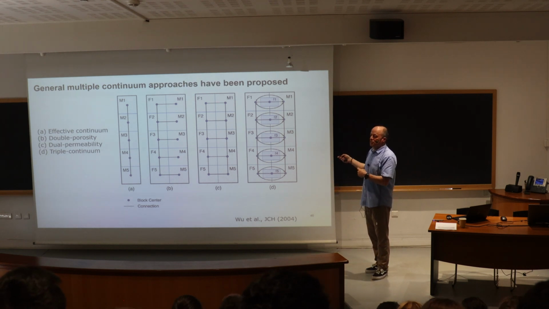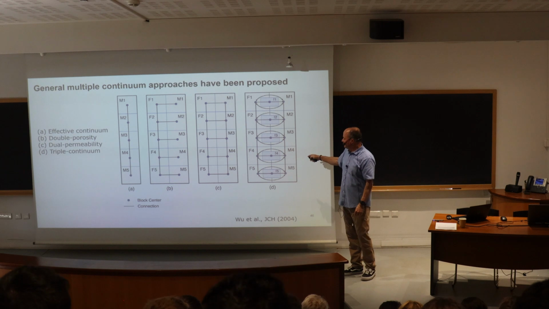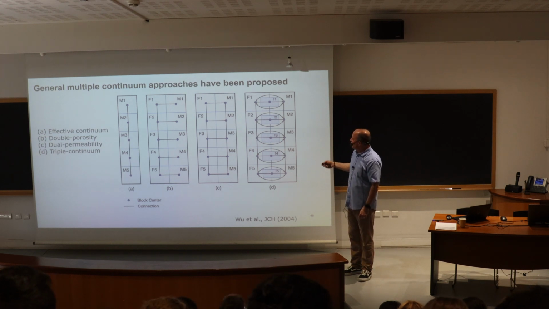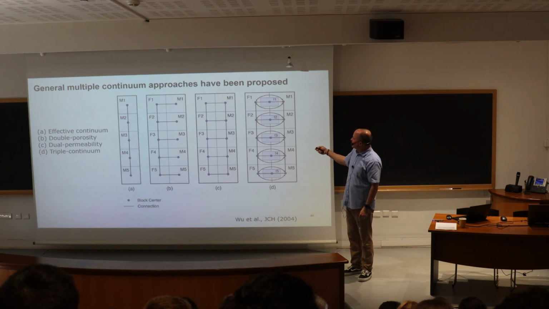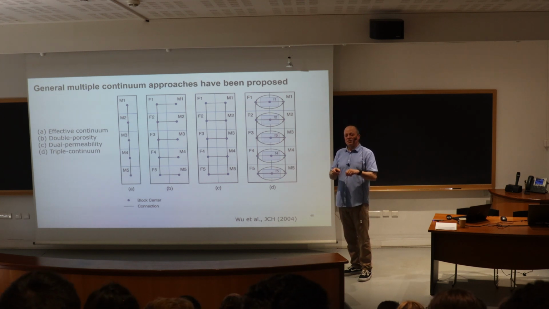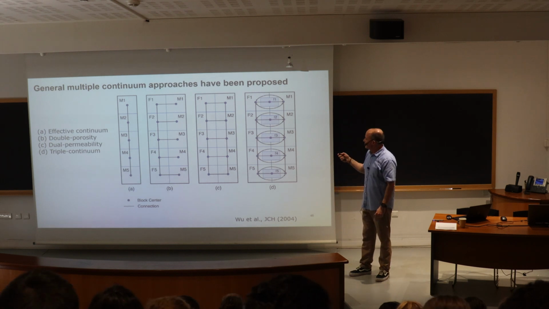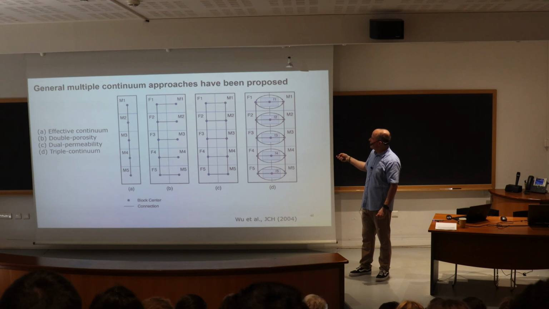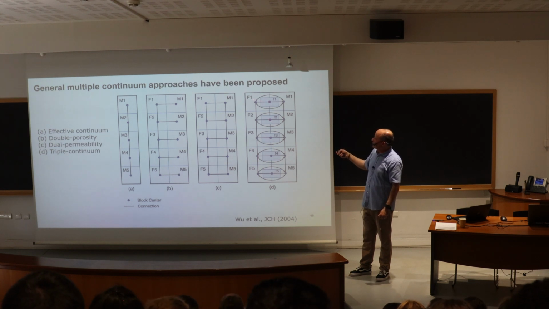And they even introduced this third case, a triple continuum with this intermediate medium, which would be a medium that contains some microfractures. And in this case, there's no flow from the microfractured medium to the next one, but the microfractured medium is connected to the fracture and to the matrix.